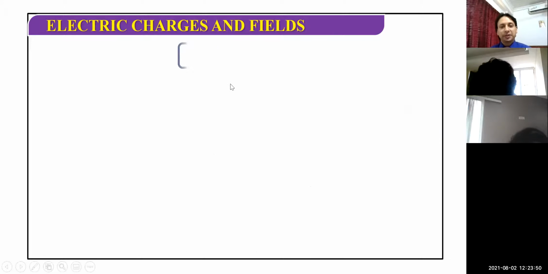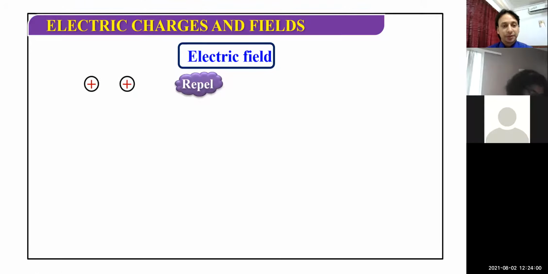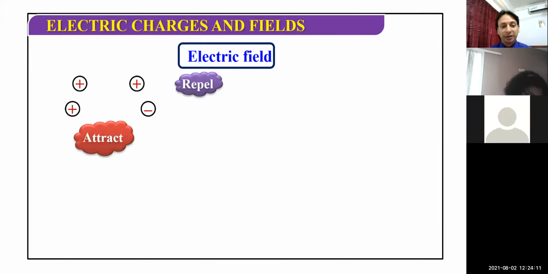So let us define this electric field. Before going to the definition of electric field, again just focus on this diagram. Observe carefully, children, that two like charges repel each other. And if I bring two oppositely charged particles, then you find they attract towards each other. Why are they repelling, why are they attracting?